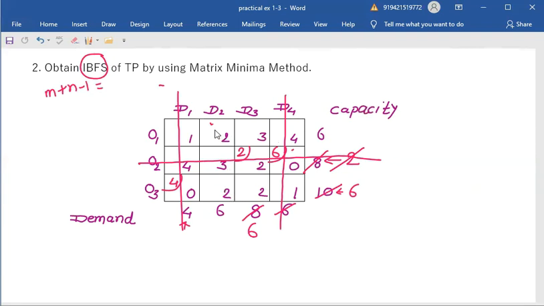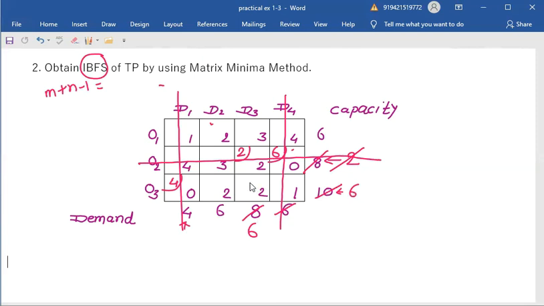Now don't select this, because if you select it, capacity will be exhausted and the requirement satisfied at a time. So let us use a different cell. If I use this cell, here also there is the same situation. That means here the requirement and available quantity are the same.